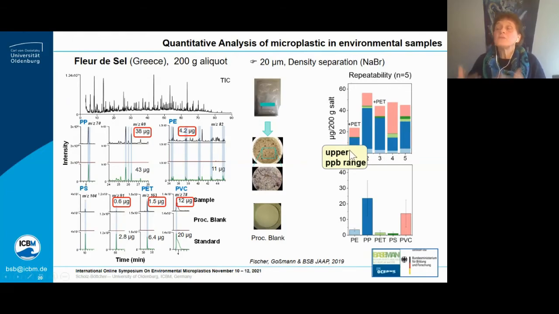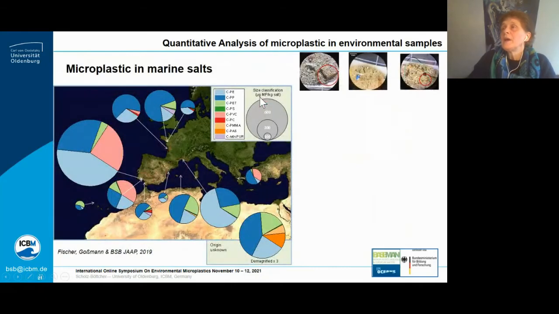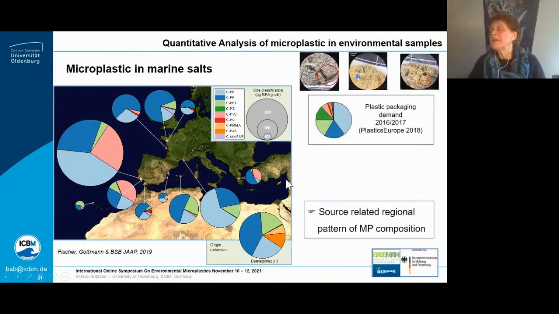Overall, we have a concentration in these salt samples in a ppb range. And the great thing about mass-dependent analysis is that you now can compare different geographical sites with respect to their polymer composition. And what you are seeing is that in case of these salt samples, the dominating polymers highly reflect the plastic packaging demand.